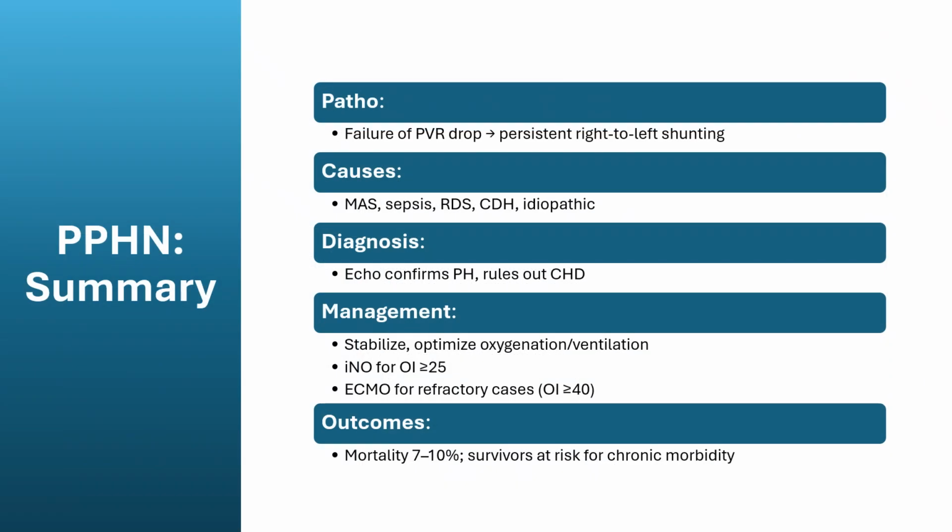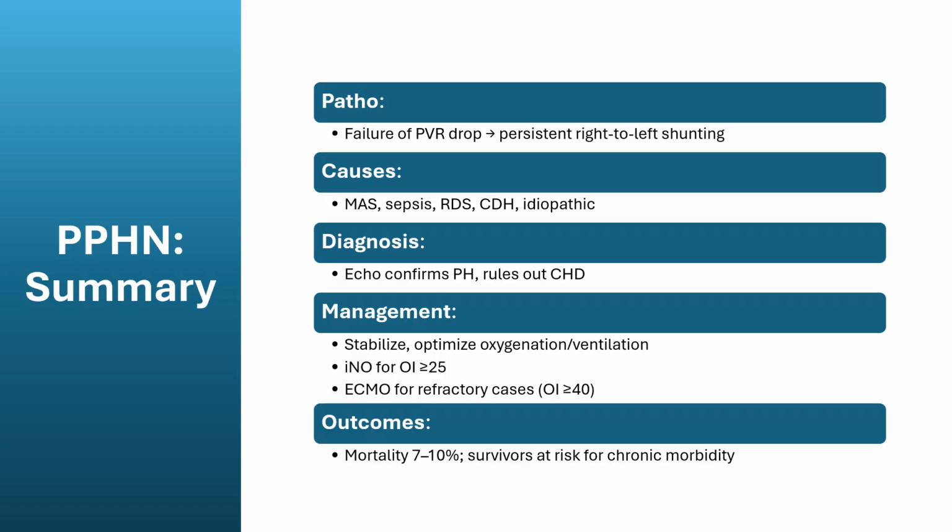Persistent pulmonary hypertension of the newborn is defined by failure of pulmonary vascular resistance to decrease after birth, resulting in persistent right-to-left shunting and systemic hypoxemia. The condition can be secondary to meconium aspiration, sepsis, respiratory distress syndrome, or congenital diaphragmatic hernia, or it can be idiopathic.